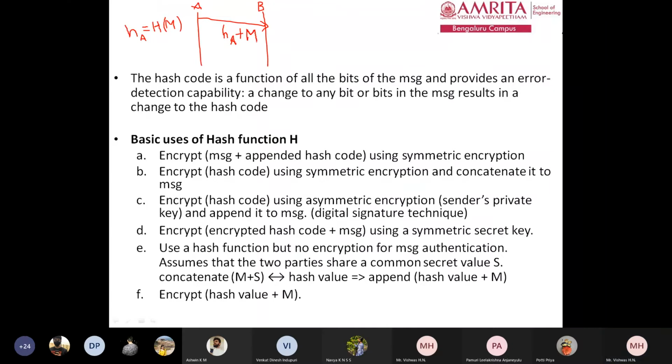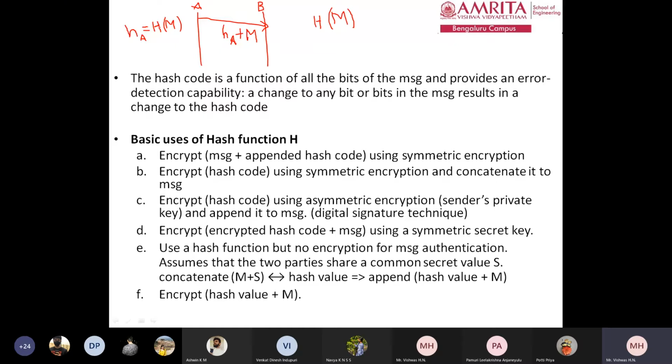Okay, and what will B do? B has received the message now. Again, B will feed this message into a hash function, the same hash function which A has used.